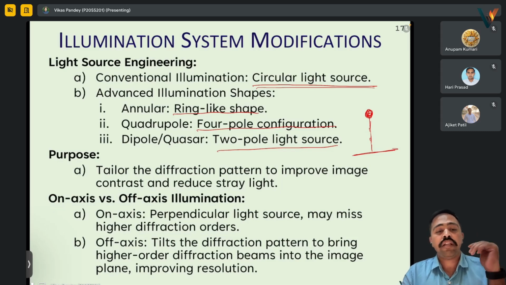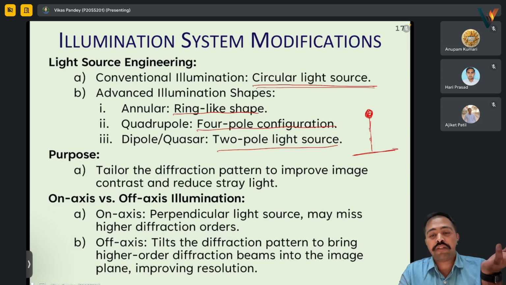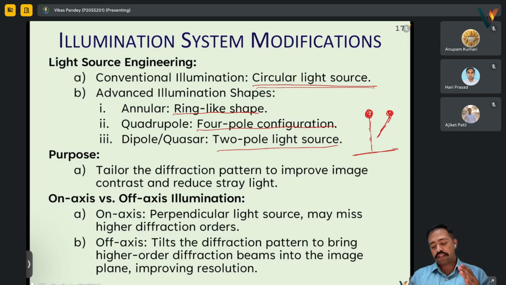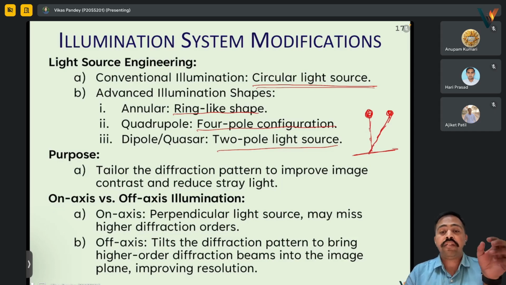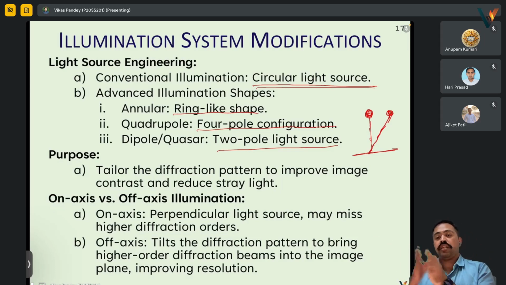Whereas if we have off-axis, that is, some tilt, if we have the light source at some angle, then we will have these higher order diffractions, after plus 2, minus 2, minus 3, plus 3.